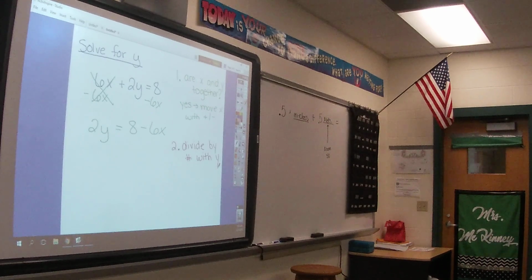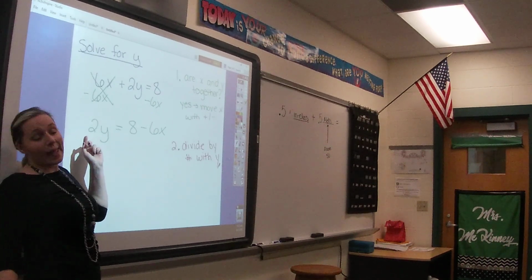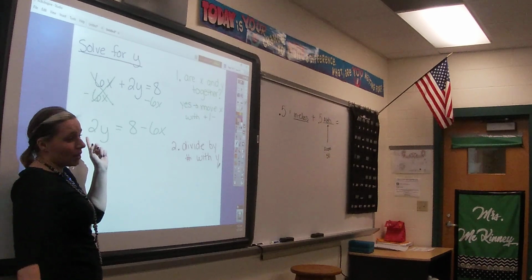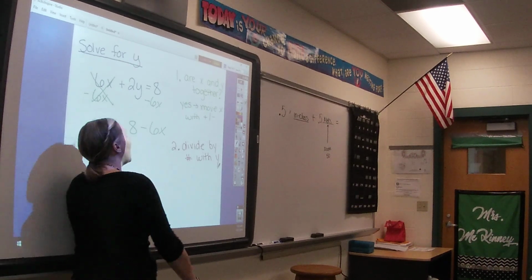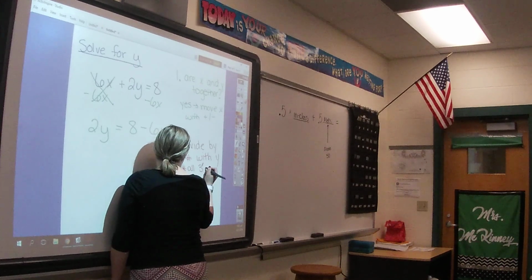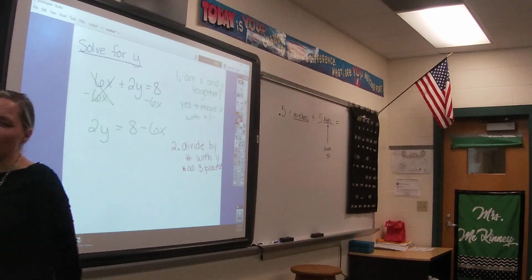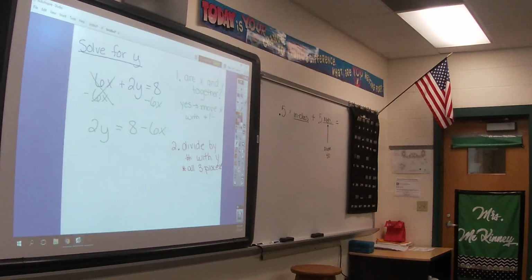When we divide by this number with y, because it's actually a number and not a letter, we are going to divide in all 3 places. Just going to make it a little bit easier to reduce and or simplify.